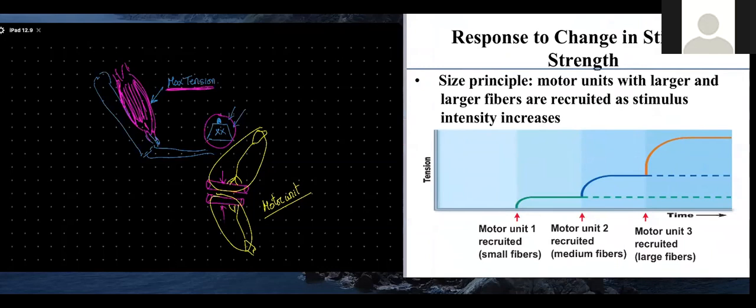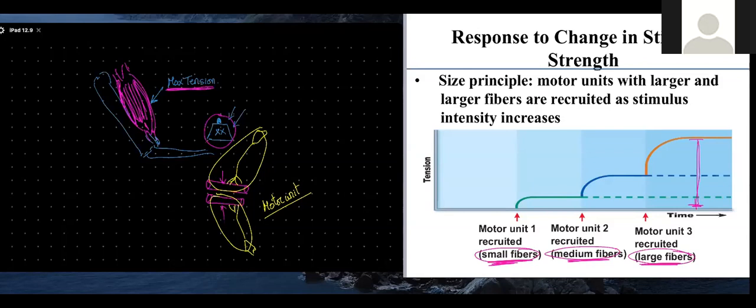All right, so looking at another factor that also affects the tension of the muscle is going to be the size of the muscle fibers. How large is the muscle fiber? I have three sizes of the muscle fibers. I have small muscle fibers, medium muscle fibers, and large muscle fibers. The larger the muscle fiber recruited, the stronger the contraction will be.